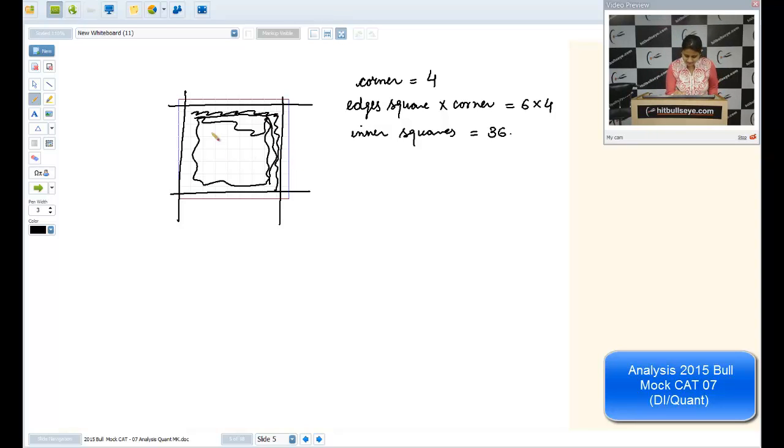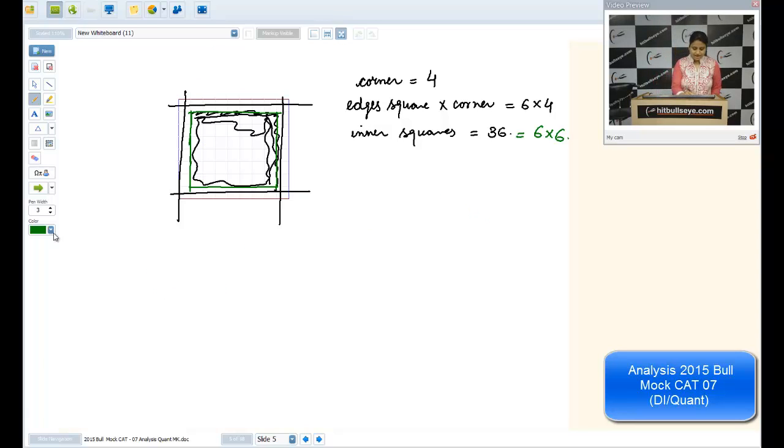That's why we will be left with this square and its dimension will be 6 by 6. That's why we are taking 36 squares. Is it okay, Neha? So exactly you can go by this approach as well.